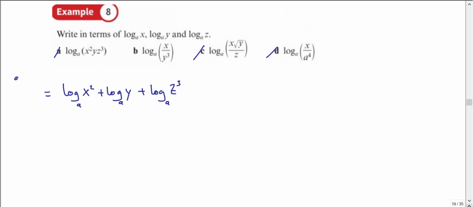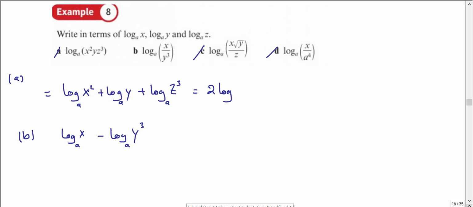This is question A. Question B, because it's division, you do log x minus log y³. This is A and A. Of course here you can continue if you wish. You can bring the power down.